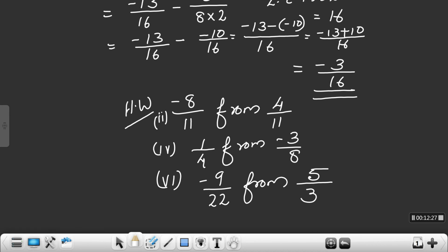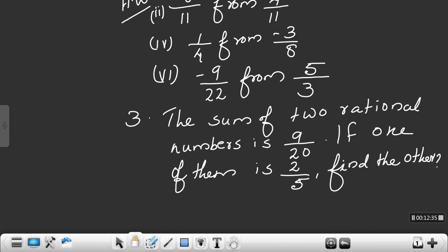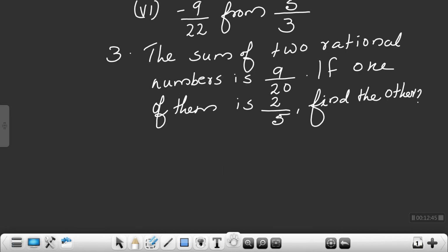Students, these are the questions for your main question number 3. Third main question, the sum of two rational numbers is 9 by 20. If one of them is 2 by 5, find the other number.